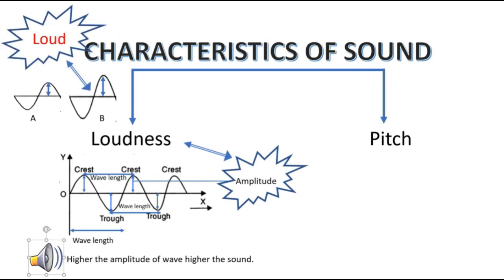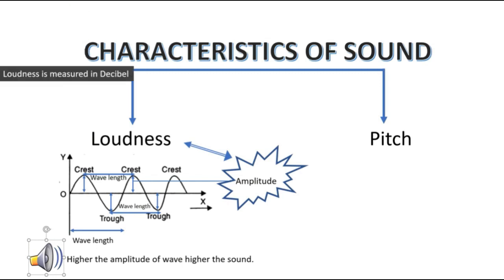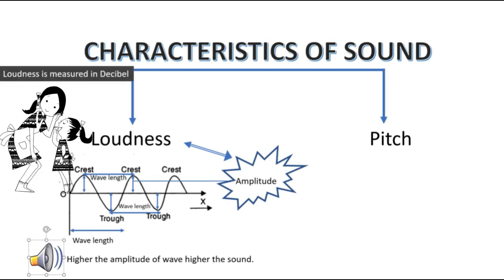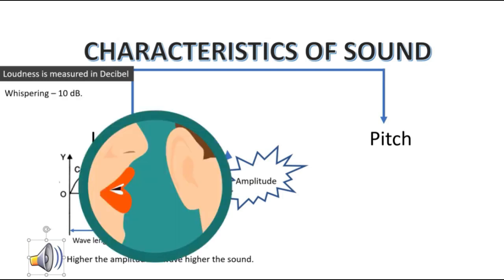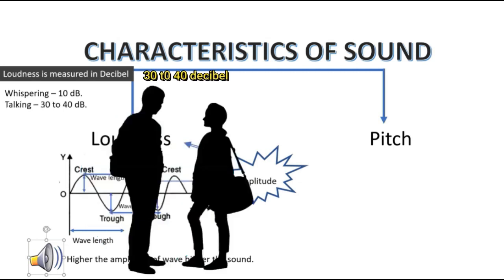Loudness is measured in decibels. Do you know when we whisper, the sound is of 10 decibels, just 10 decibels. If you talk casually, it is around 30 to 40 decibels. A moving car will be around 70 decibels.